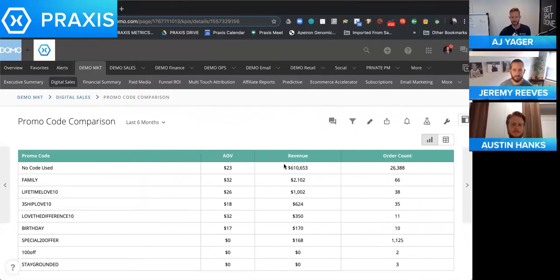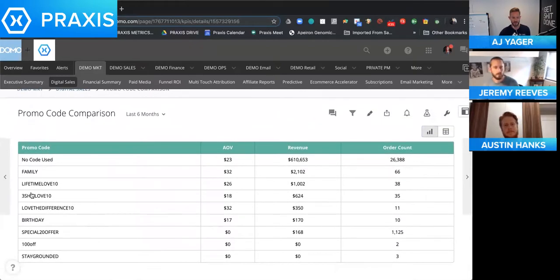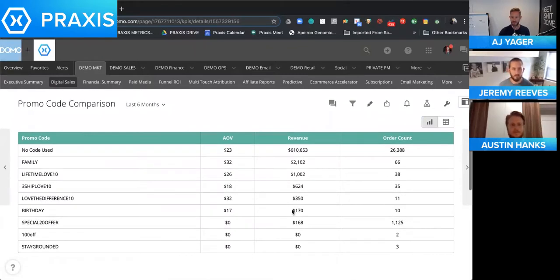Pretty nice little view. I don't know if a lot of this is built into shopping carts, but it's just a nice way of looking into it. These are all sample ones, but I think this is a pretty cool add-on. Yeah, it's maybe a more direct way to look at something Jeremy brought up on the AOV card. If you're trying to compare promo codes, you might as well come to this table rather than clicking around that graph.